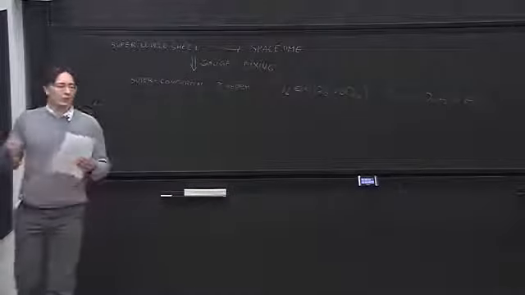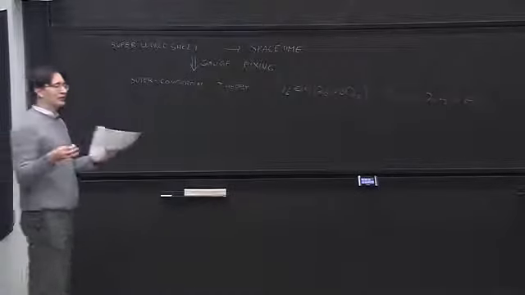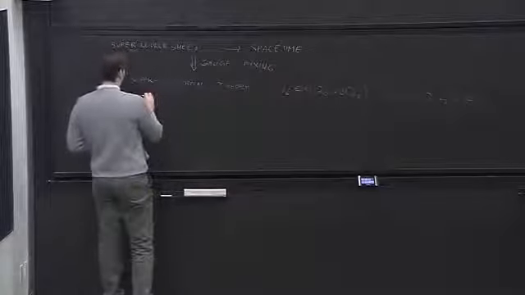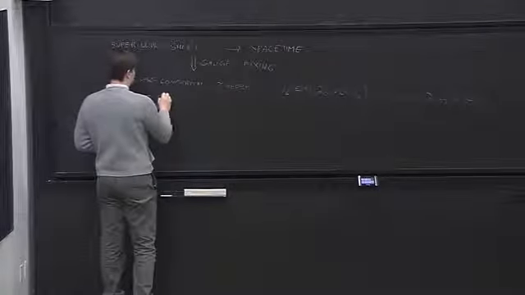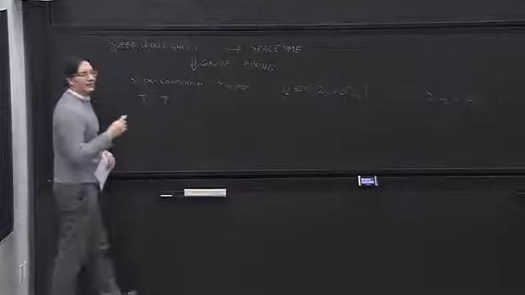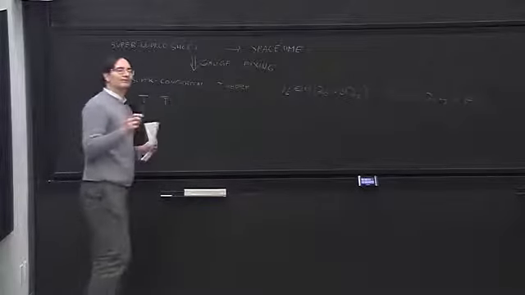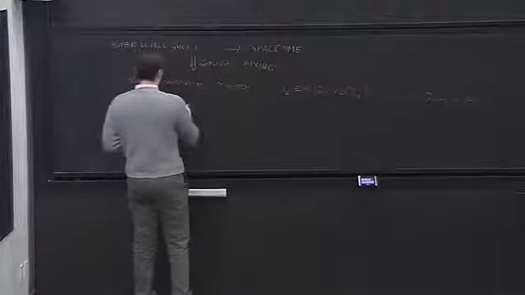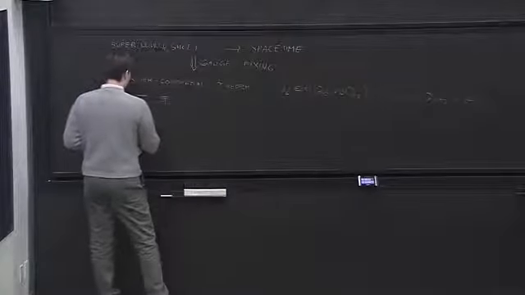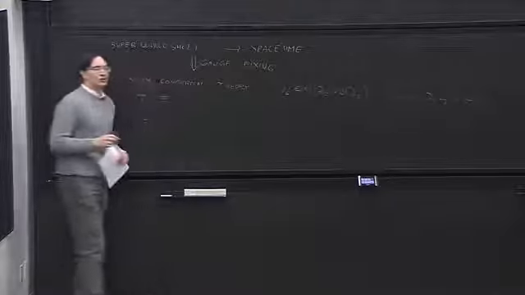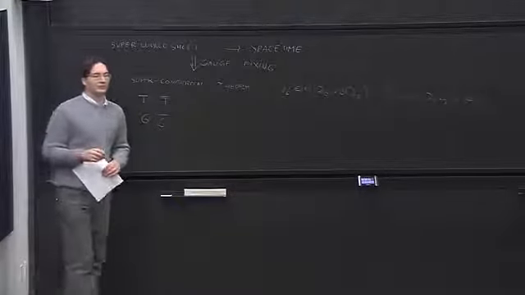And so one main property of this superconformal field theory is that it has a traceless stress tensor, and it has a supercurrent, which in the conformal gauge is usually denoted as G and G bar.